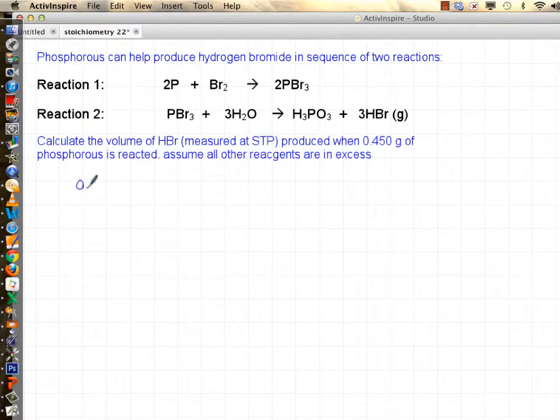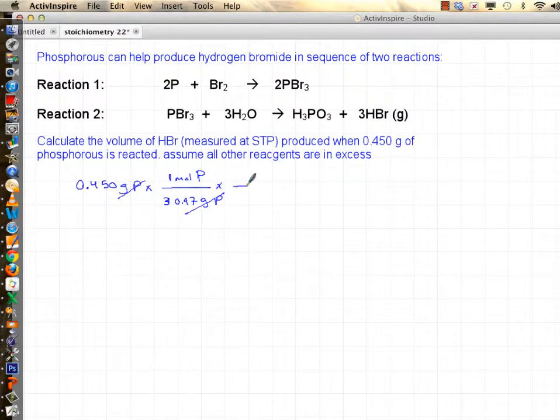We start with 0.45 grams of phosphorus. I go after molar mass. So we put the molar mass of phosphorus in the denominator, which is 30.97 grams of phosphorus for every 1 mole of phosphorus. If you stop at this ratio, you will get moles of phosphorus.